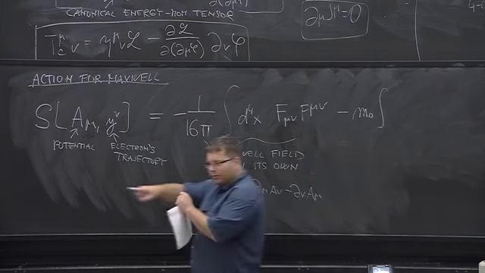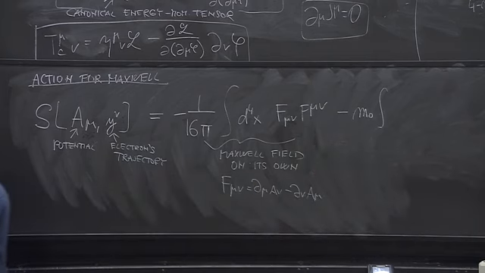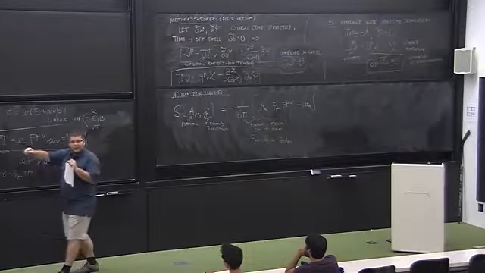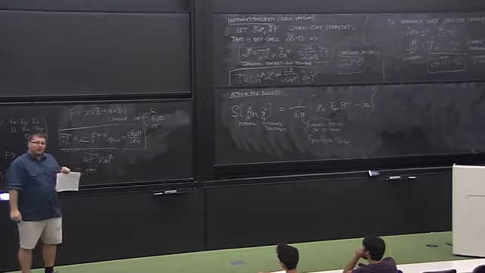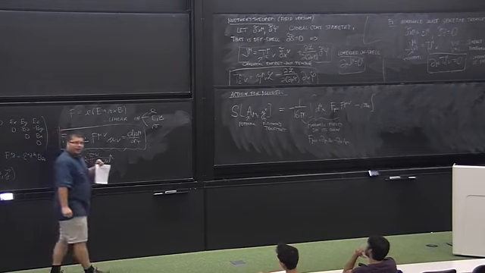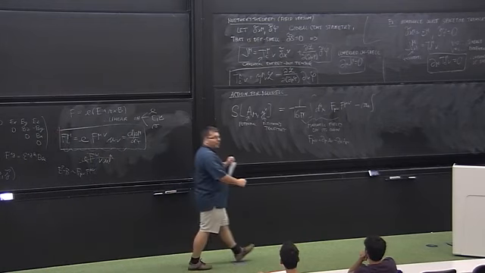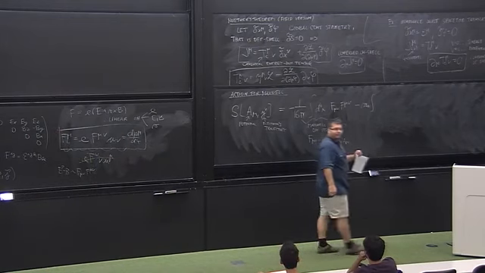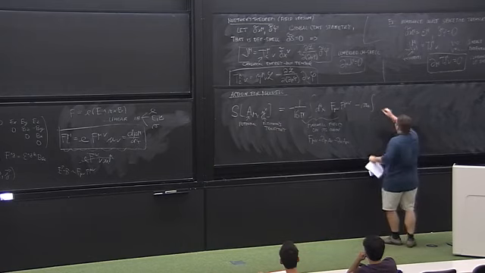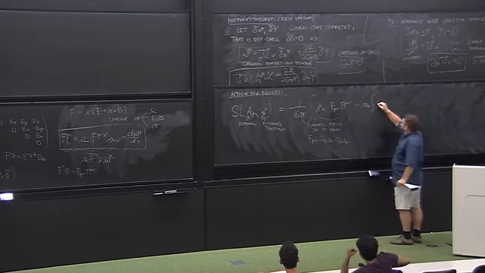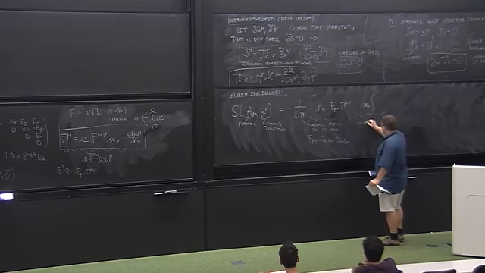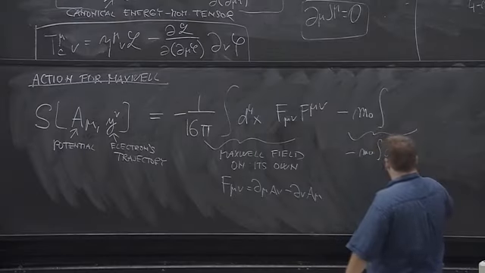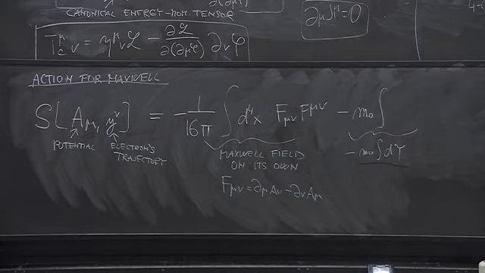A free particle moves on the straightest line, or the path which takes the least time. Now, in special relativity, because of this screwed up minus sign, you actually want to maximize the proper time for the particle. So what has to be here is basically d tau. So this is minus m0 d tau, and that will be the action for a massive particle.